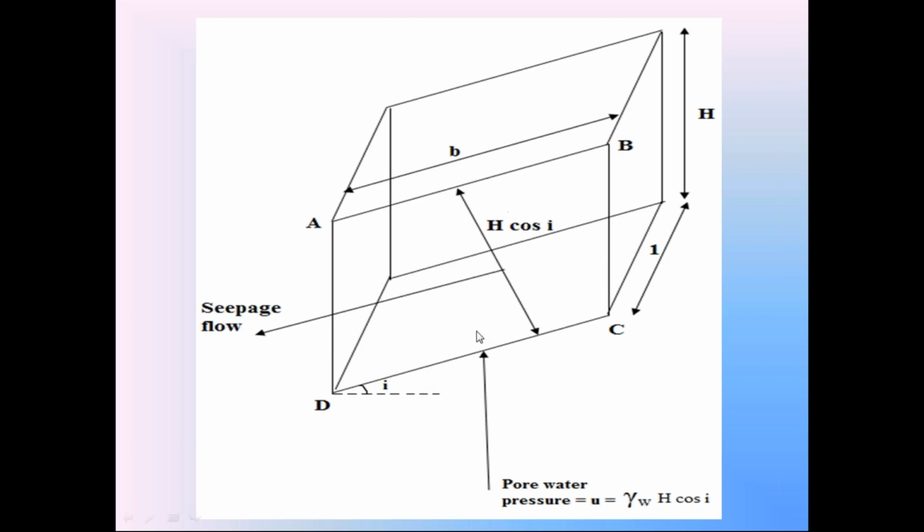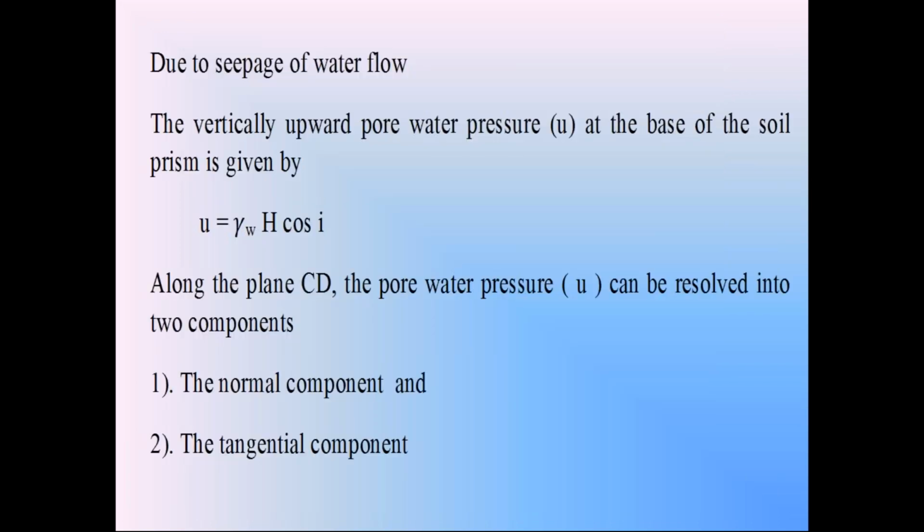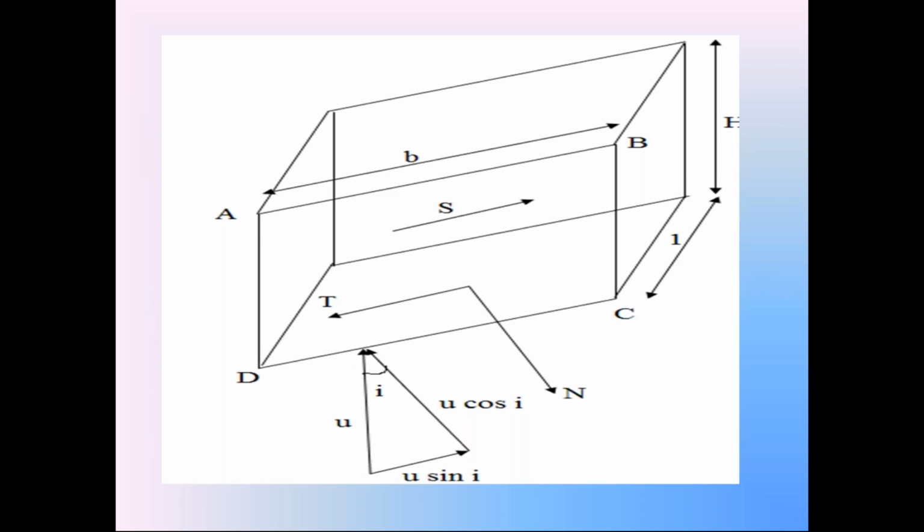Next one is the tangential component of this pore water pressure. Check those two components of the pore water pressure on the line CD. So on the line CD, this is the pore water pressure U. This pore water pressure U on the line CD is resolved into two components. One is normal component N, other one is tangential component.